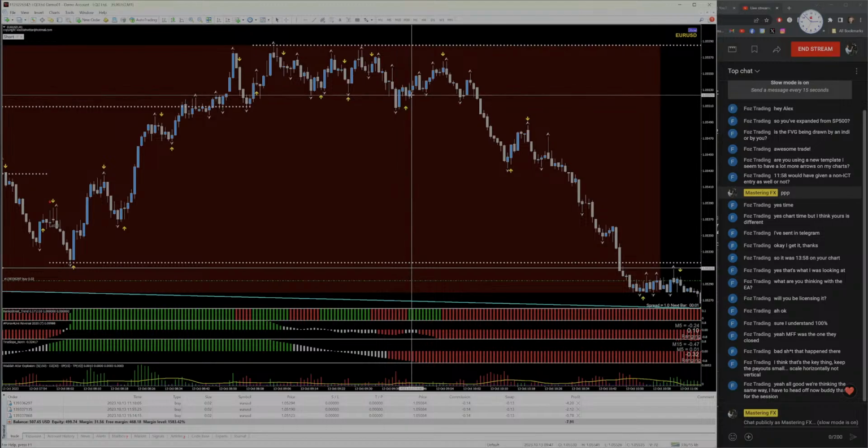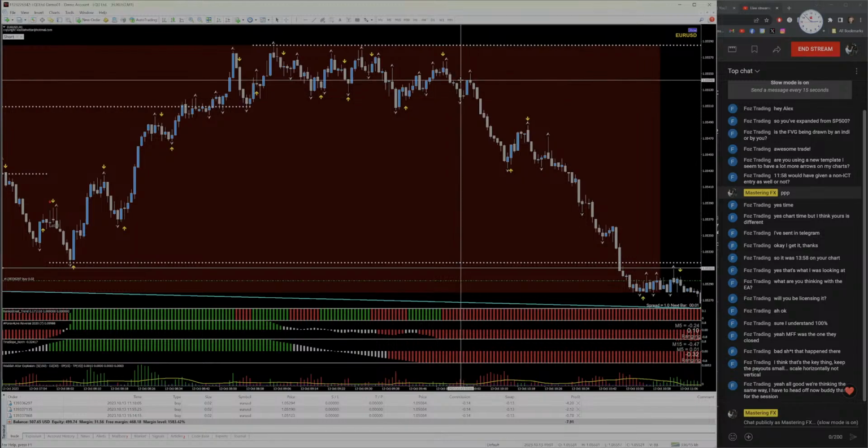So you wait, and then we go higher again, create a higher low again, and then we break market structure here again, and here was a fair value gap. So here was an ICT entry, which would actually be better than my entry in this case because the stop loss was way lower. And then off you go.